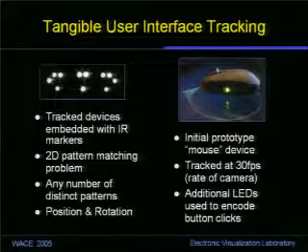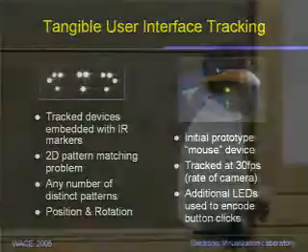The tracking system right now, once again, the devices are marked with IR LEDs, and we're also looking at researching using reflective material to create a pattern and illuminating them with an IR illuminator. It's a pretty simple 2D pattern matching problem.